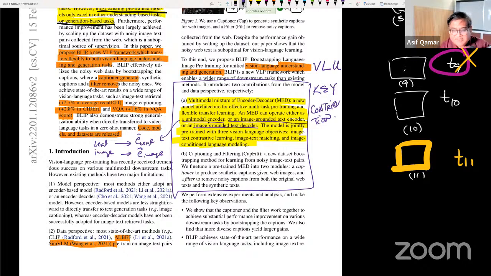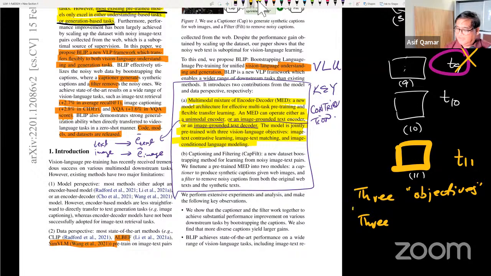So 3 objectives means 3 loss function terms. 3 things. What are those? Let's look at that.